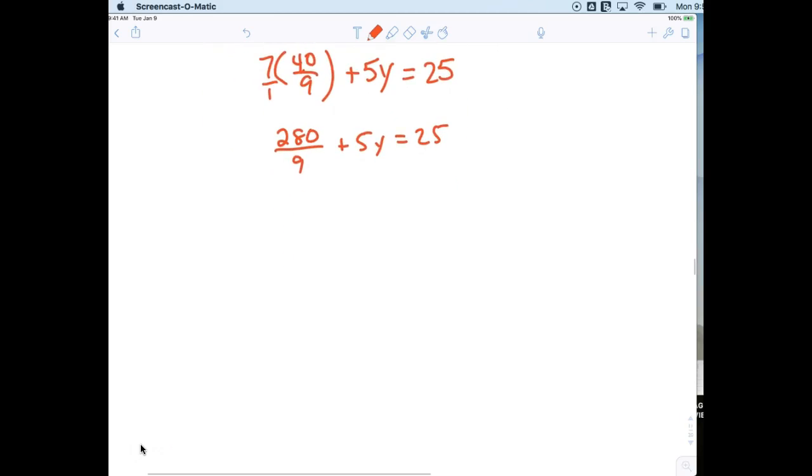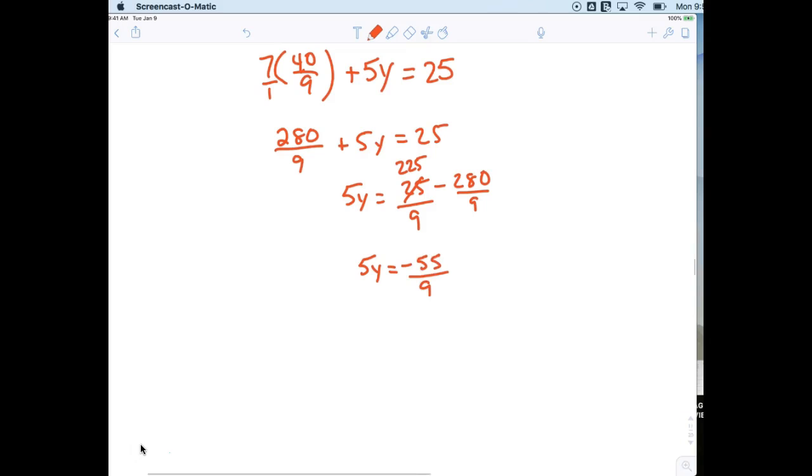We subtract. So 5y is equal to 25 minus 280 over 9. Now 25, if I had a common denominator, 25 times 9, 225 over 9. And so 5y is equal to negative 55 over 9.